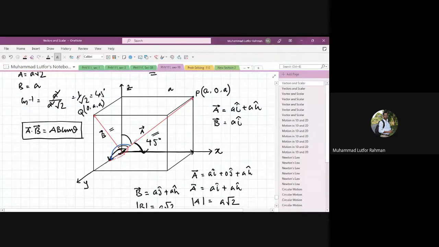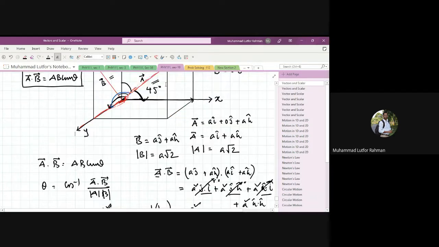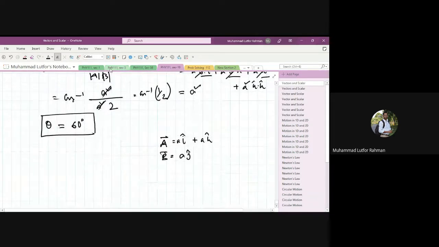If you consider a plane from this one, it is definitely 90 degrees to that angle. So that means vector A creates a 90 degree angle with the y-axis. All right, so that's the procedure to find the angle with different axes. Using that way, you can find that angle.